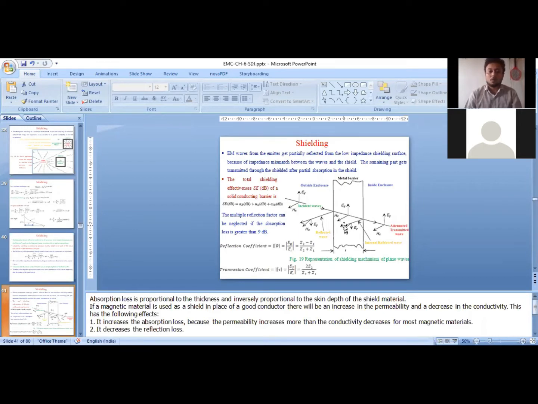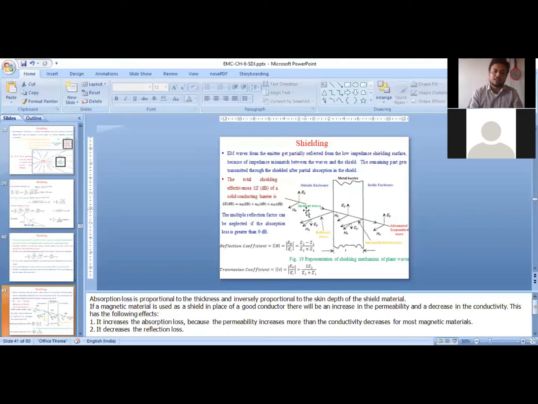So what part of the wave should reach the receiver? Ideally speaking, nothing should reach the receiver. The reflection, the absorption, the attenuation of the wave happening in the conducting material, that is the shield, and the internal reflection should be as high as possible so that no signal reaches the receiver. So the receiver will remain safe. It will be compatible with the electromagnetic environment.